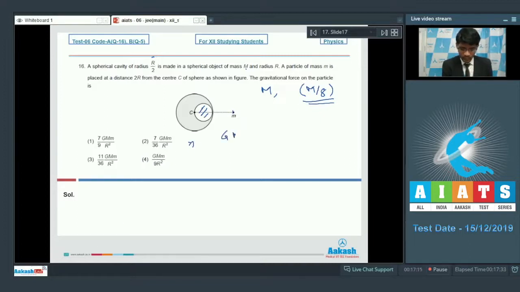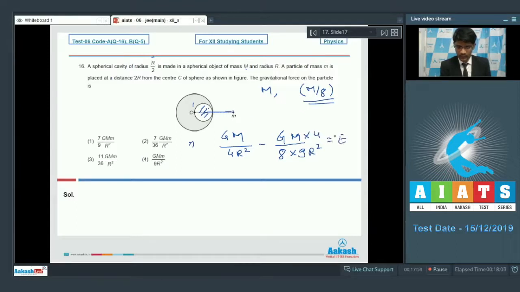Field is G capital M, this distance from here to here is 2r, so it will be 4r square, minus G, mass of this cavity is m by 8, and the distance from here to here is 2r minus r by 2, it is 3r by 2. So it will be 9r square into 4.